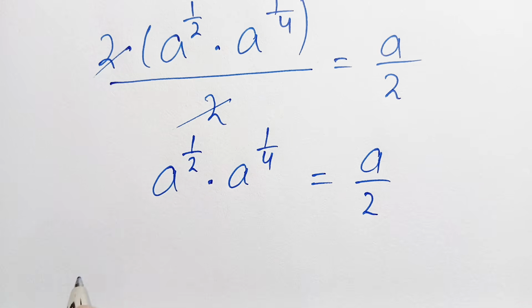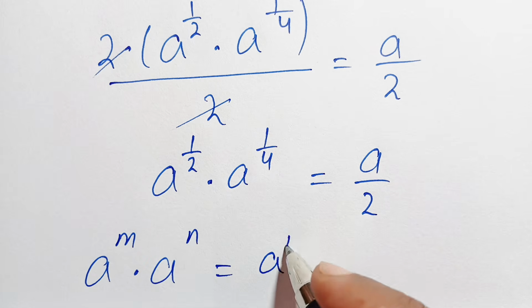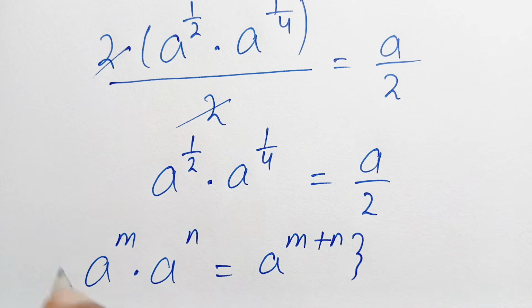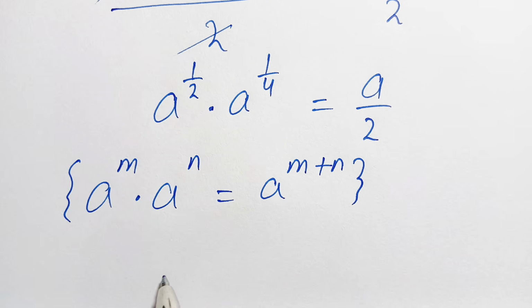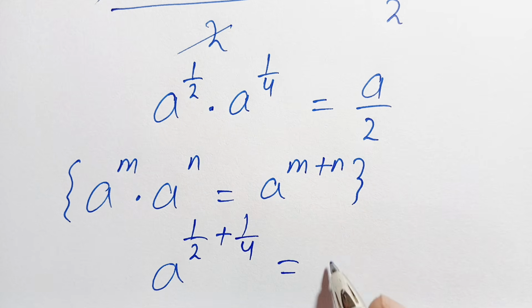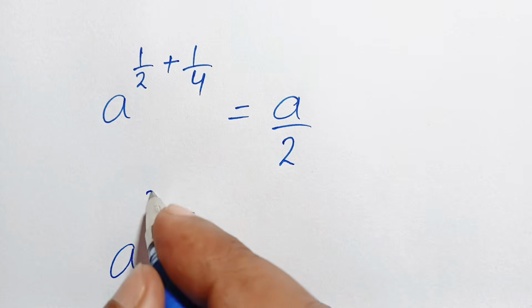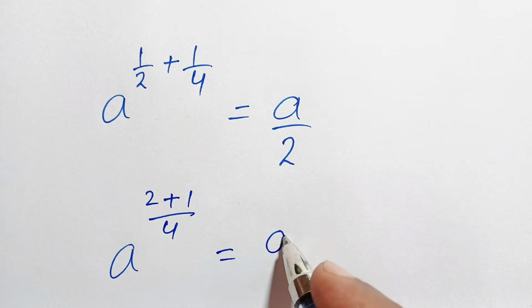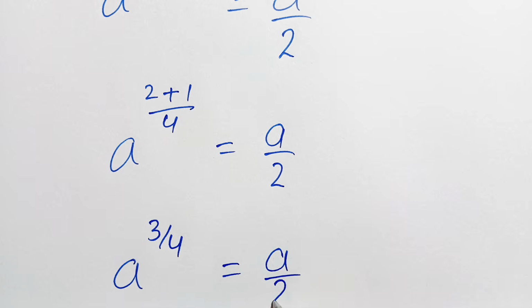Now as a power m times a power n becomes a power m plus n, here this becomes a power 1 by 2 plus 1 by 4 equal to a by 2. Now by taking the LCM, 4 is the LCM, this is 2 plus 1, so this becomes a power 3 by 4 equal to a by 2.